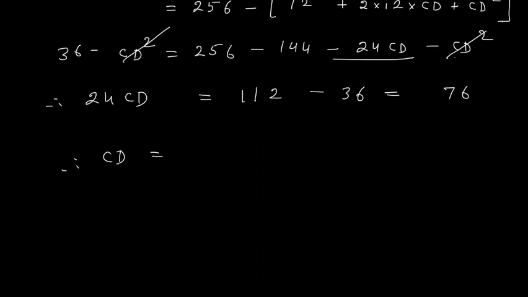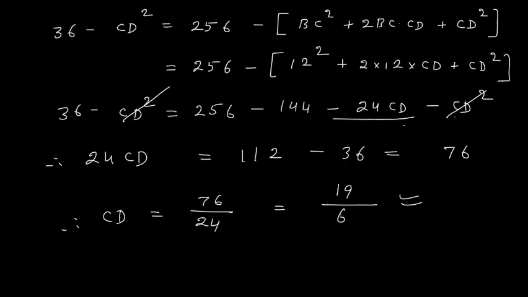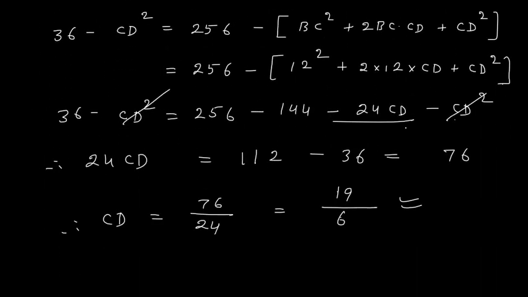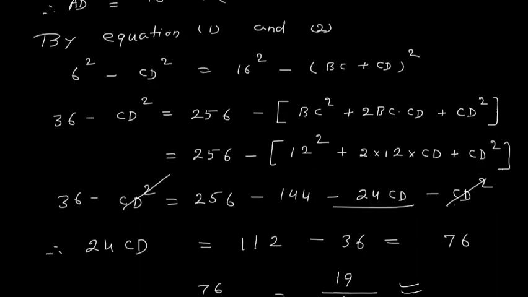Therefore the value of CD is 76 divided by 24. We can cancel with 4, so 19 upon 6. So the value of CD we got as 19 upon 6.